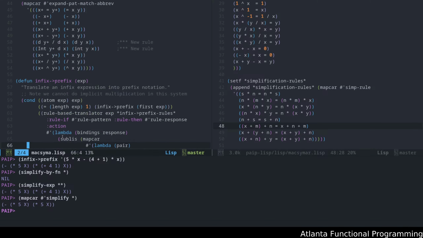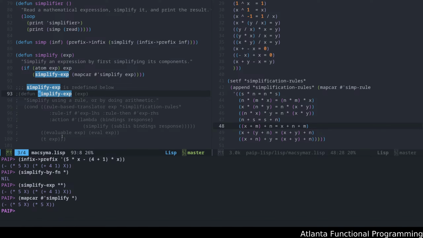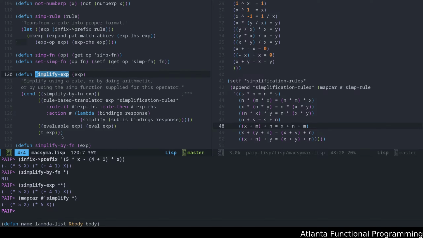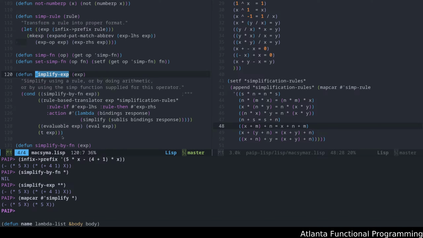Earlier we must have done something different. In the previous one, they just had the evaluation expression. Okay, so let's just get rid of this for the time being and see what happens.